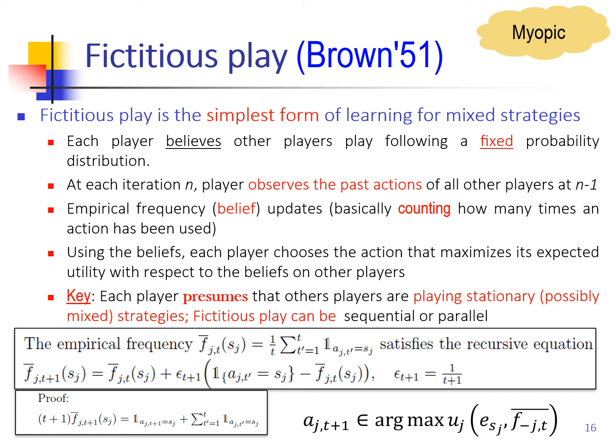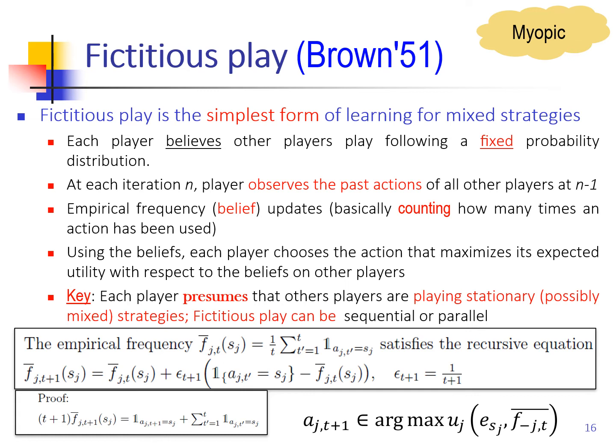Anytime the player j at time t prime takes strategy s j, you calculate how many times this has been done, and you just take the moving average here, right? That allows you to calculate this empirical frequency. Okay, so up until time t, how many times strategy s j has been played, all right?